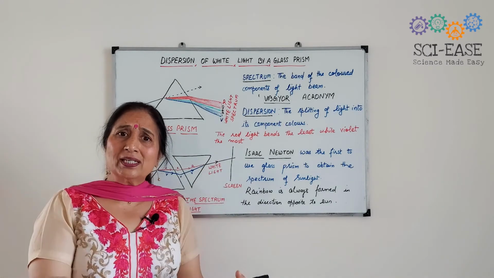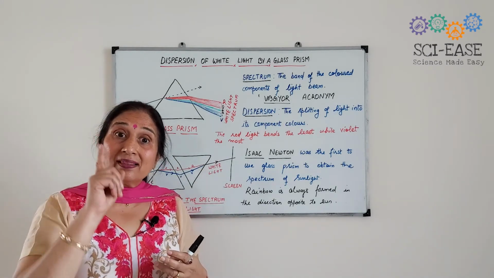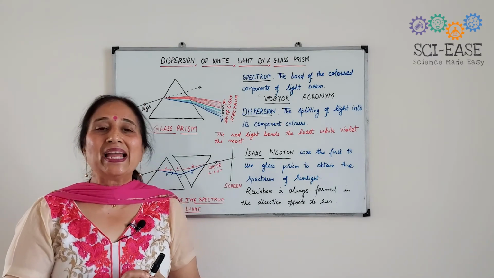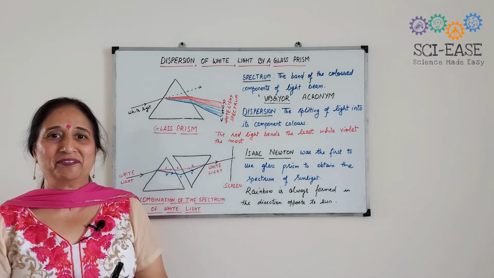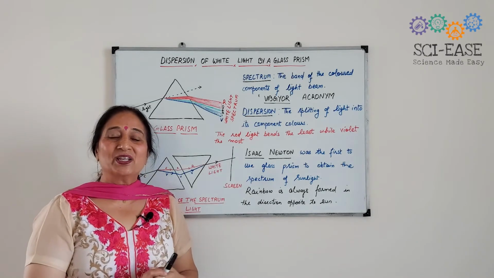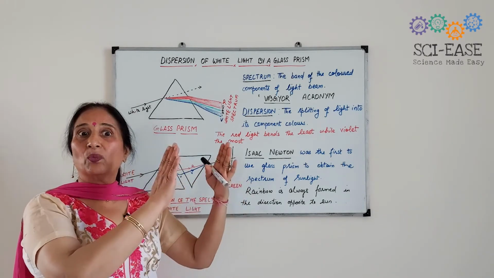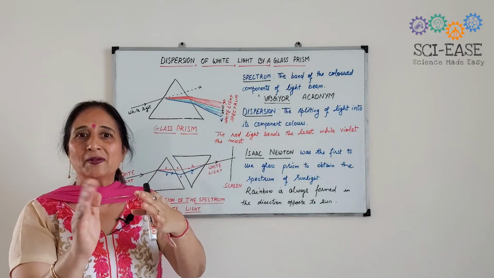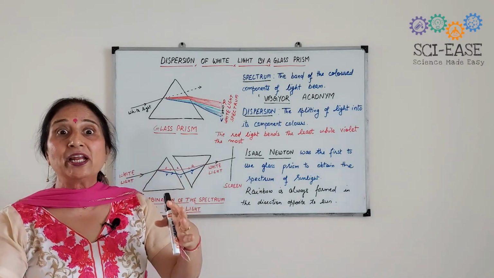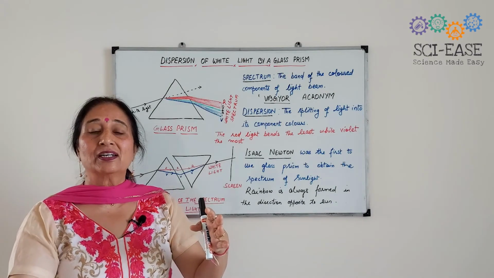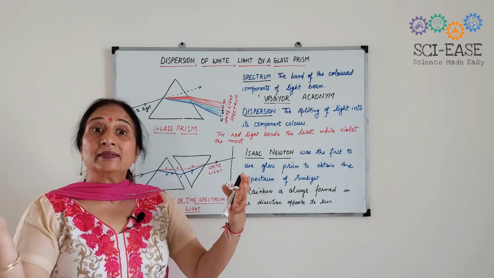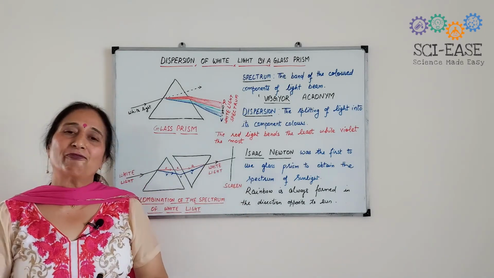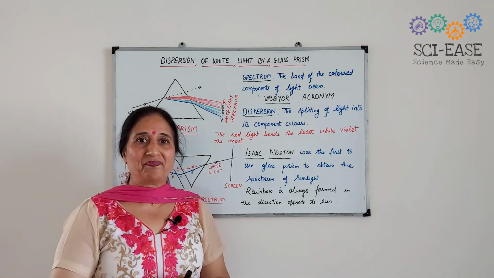So how does this take place? In that case, the water drop acts as a tiny prism. So when white light passes through the water drops, dispersion of light takes place, the band of 7 colors, and this results in the formation of a spectrum.